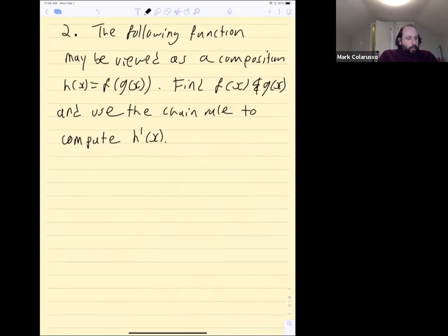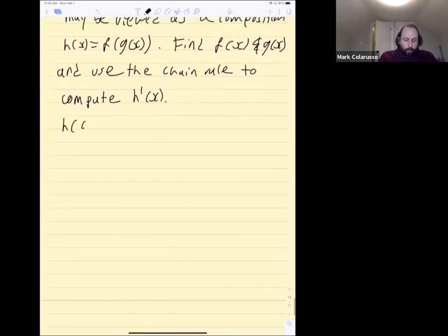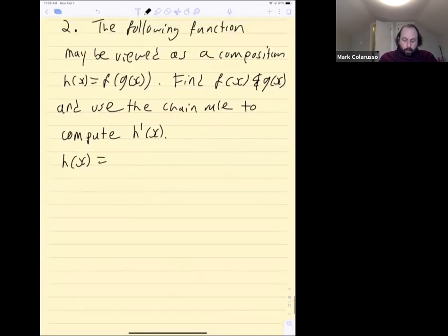Okay, so what's the function? The function they give us is h at x is 9x squared plus 2x minus 5, all raised to the 7th power, right?